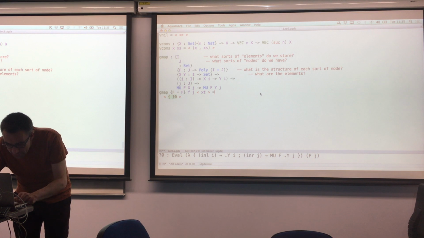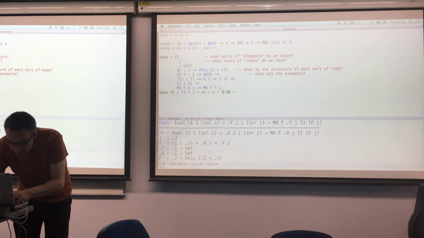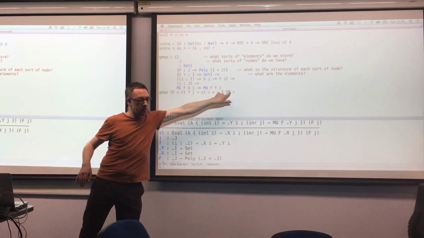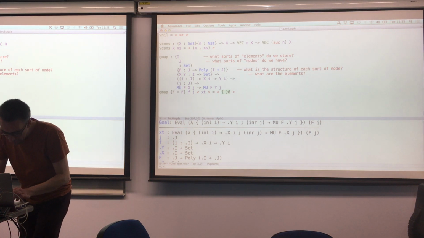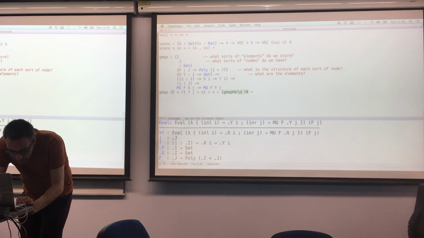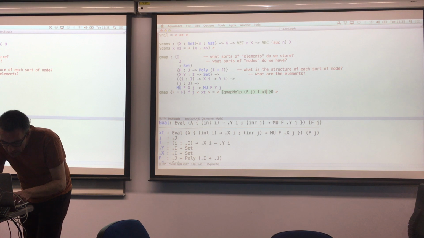We retreat. We say, okay, we know at least we're going to turn a node structure into another node structure. So there's going to have to be a helper function which gets handed f of j, f and xt.